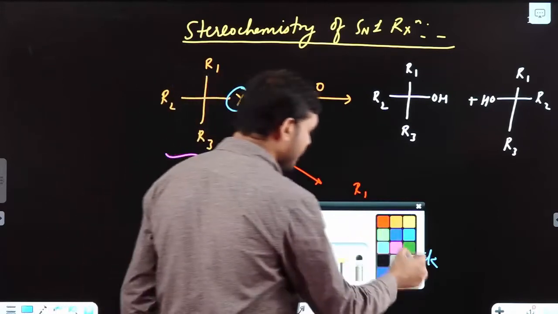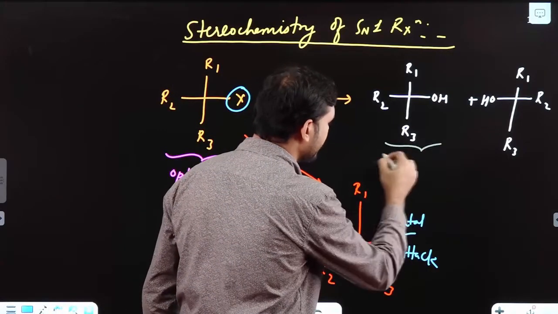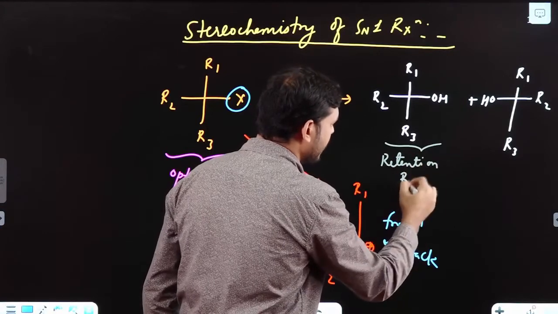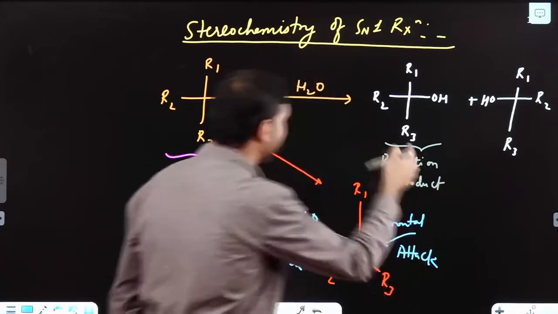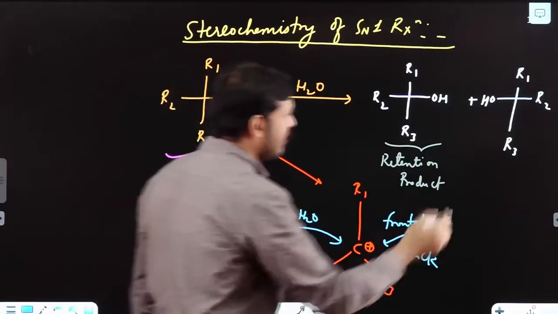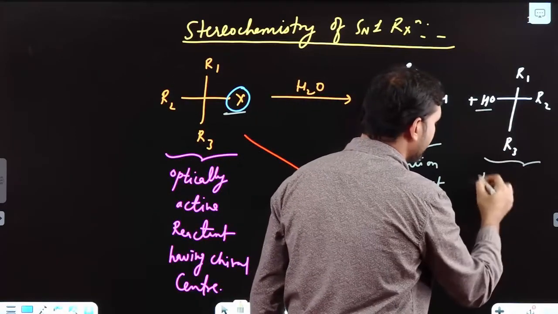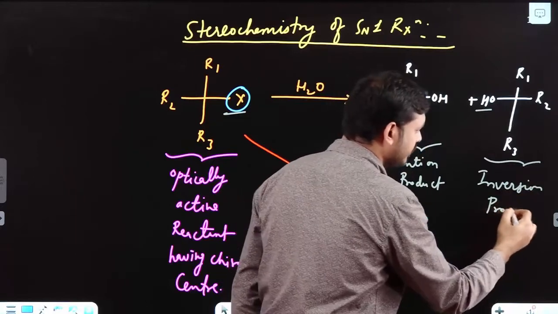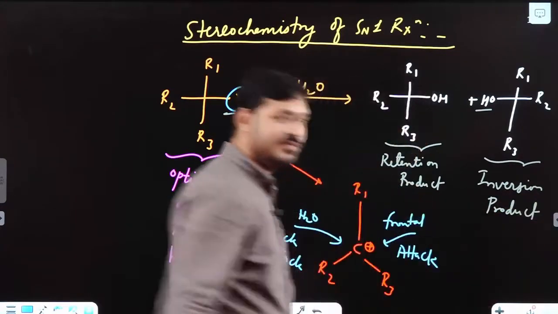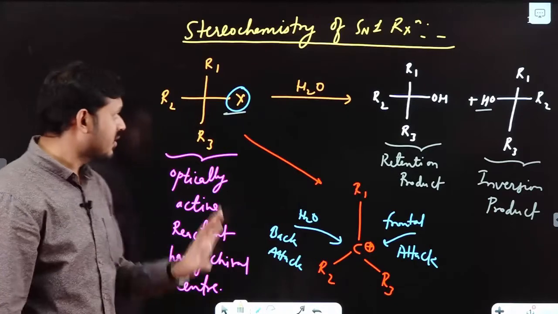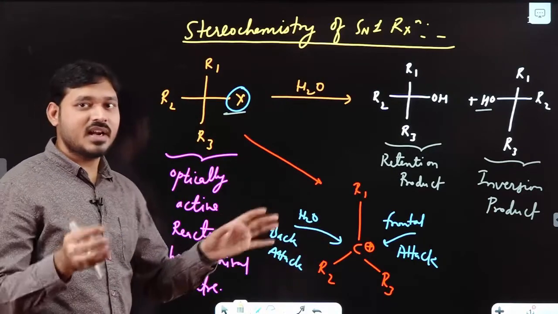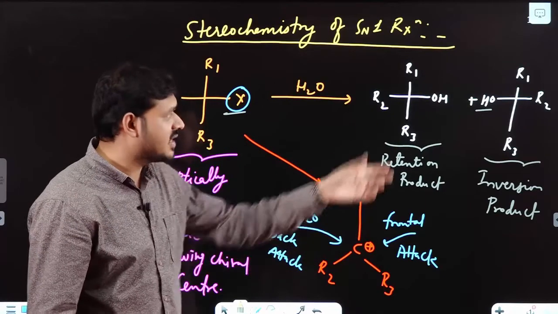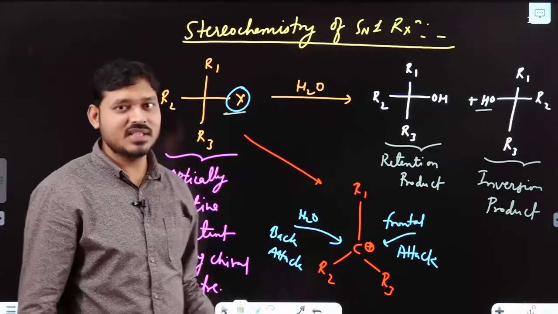You can see here, this is your retention product. From the same side means retention, and from the back side it will be inversion product. Clear to you? So carbocation generates and then attack can occur from both sides, frontal or back attack, and hence the products are both retention as well as inversion.